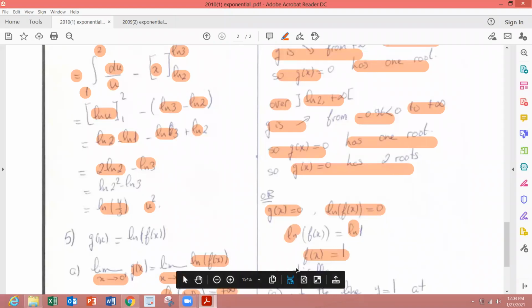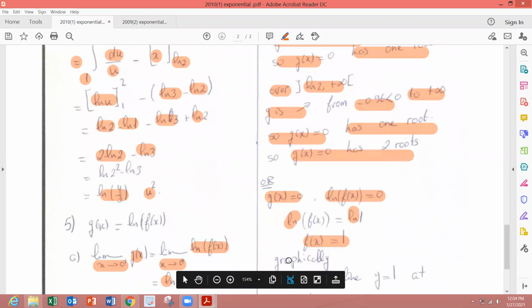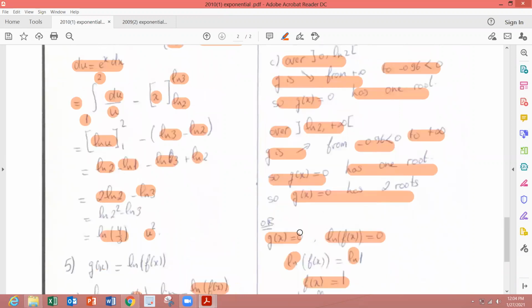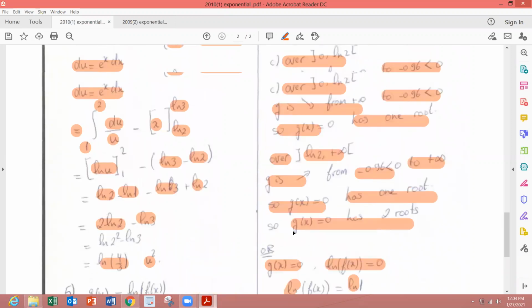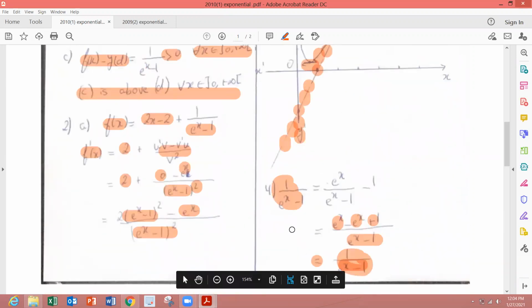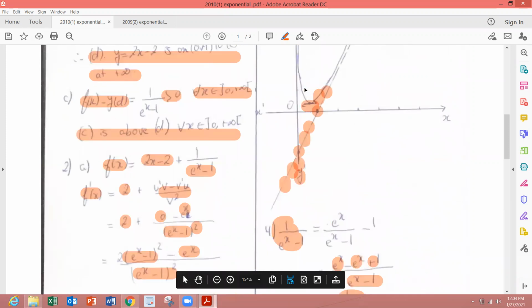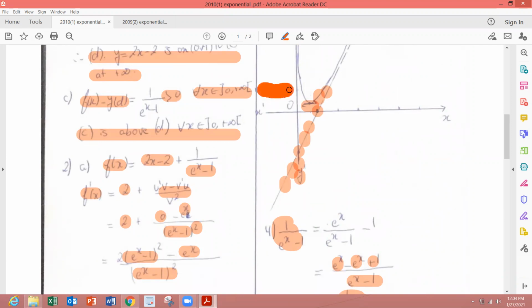What does f x equal 1 mean graphically? Graphically, f x equal 1 is the intersection between the curve C and the line y equal 1. This is C, and this is the line y equal 1. The line y equal 1 cuts the curve in how many points?